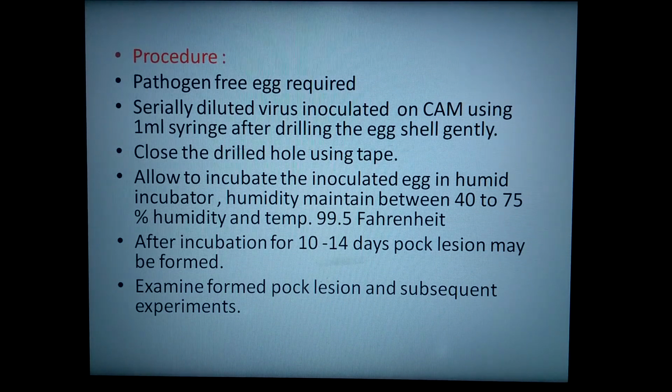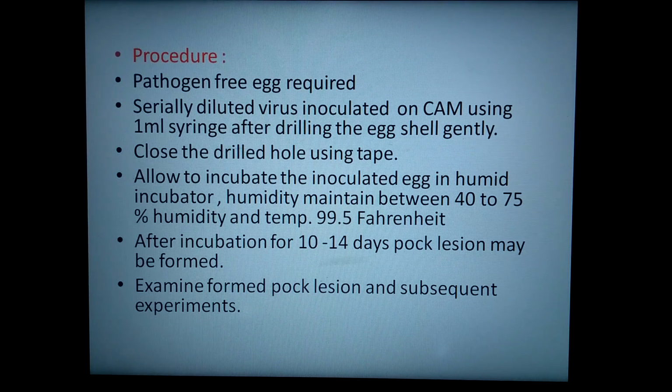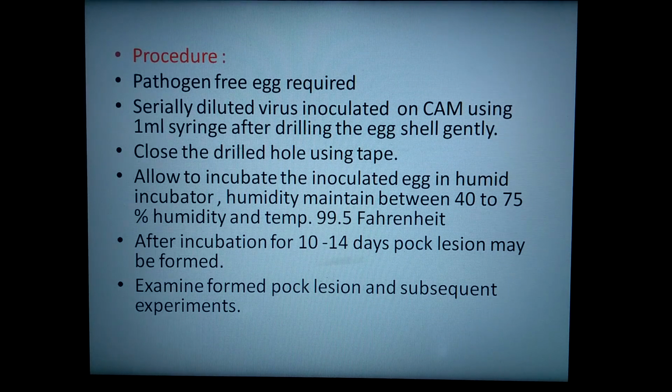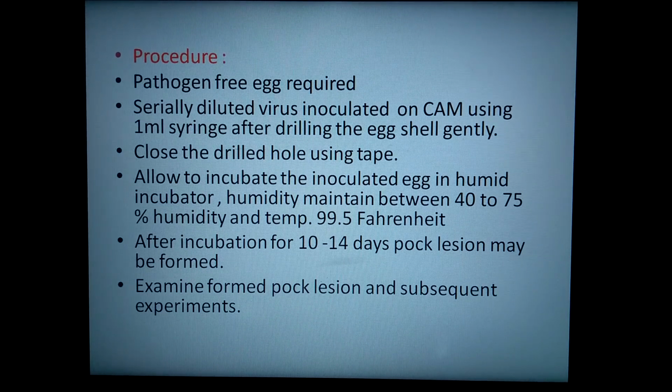The virus which is propagated or titered can be serially diluted up to 200 particles per ml using titer plate or in Eppendorf. After serial dilution, the viruses can be inoculated by using a 1 ml syringe after gently drilling the eggshell with the help of a drill machine.